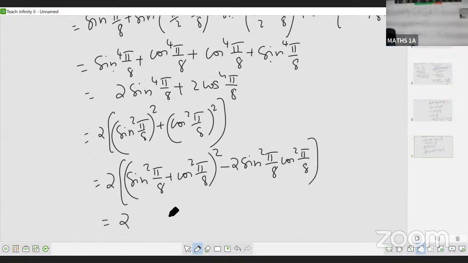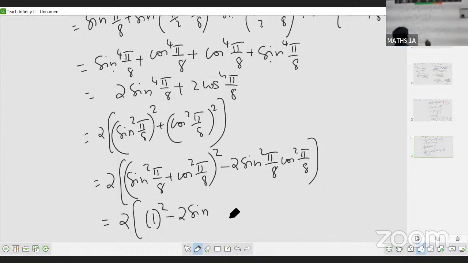That is nothing but 2 into 1 square minus 2 sine square pi by 8 cos square pi by 8.